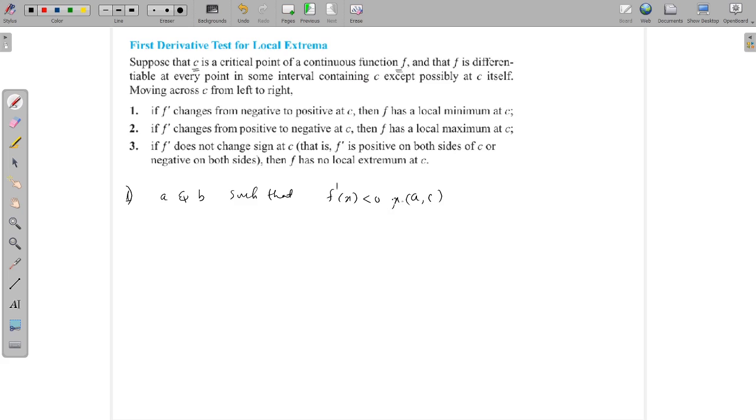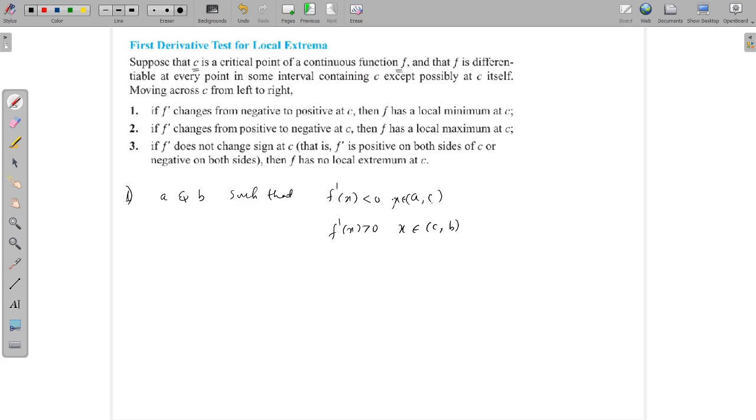For all x in this interval we have f dash x less than 0, and f dash x is greater than 0 for all x belonging to (c, b). This is the meaning of f dash changes from negative to positive at c.